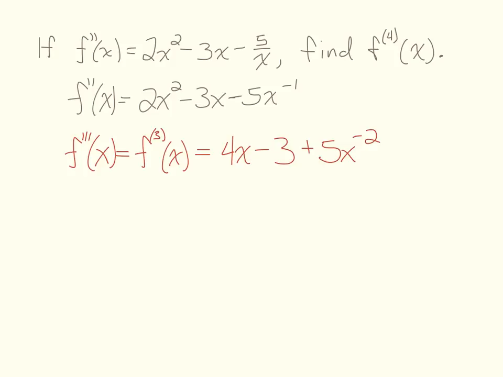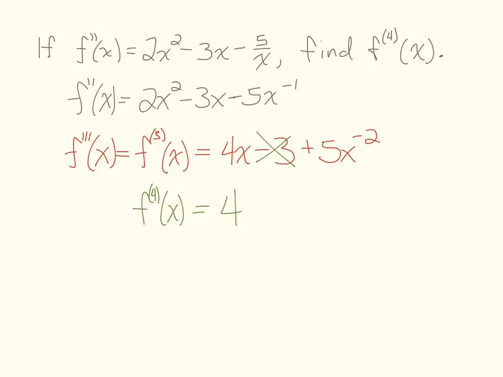So the fourth derivative, we will just use the power rule again. To get 4, the derivative of a constant is 0, so that term disappears.